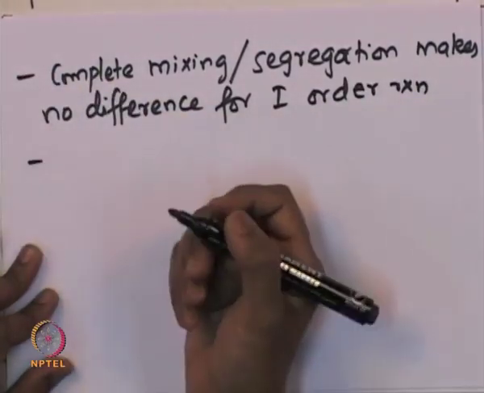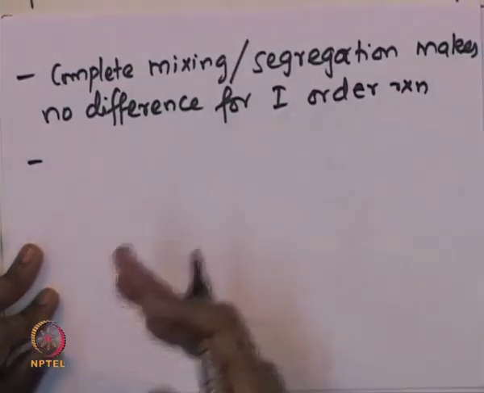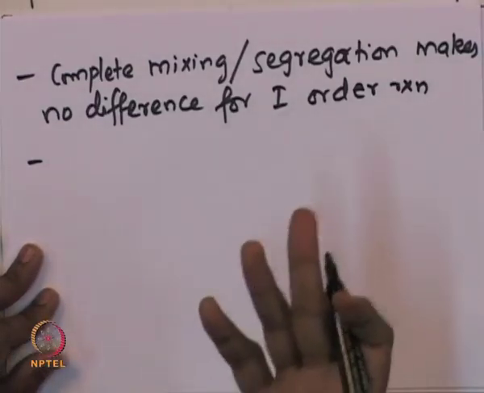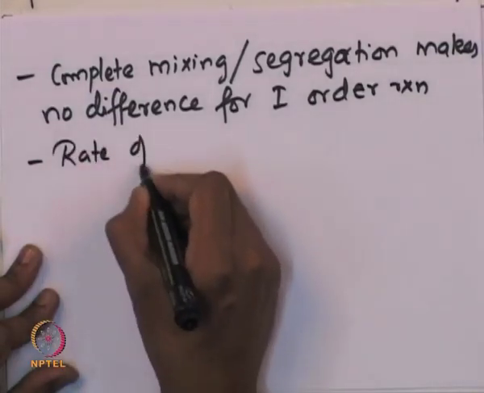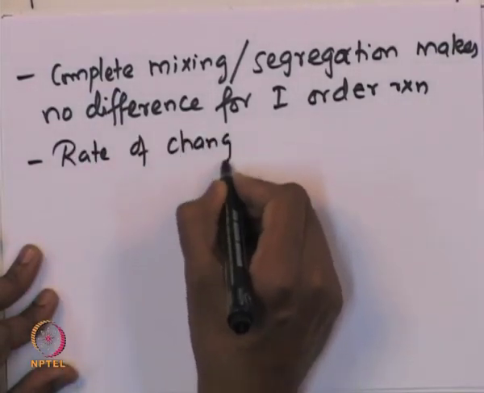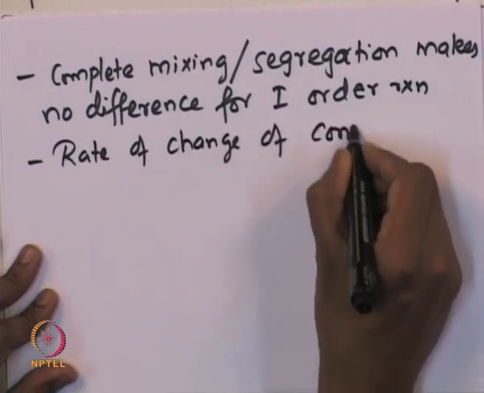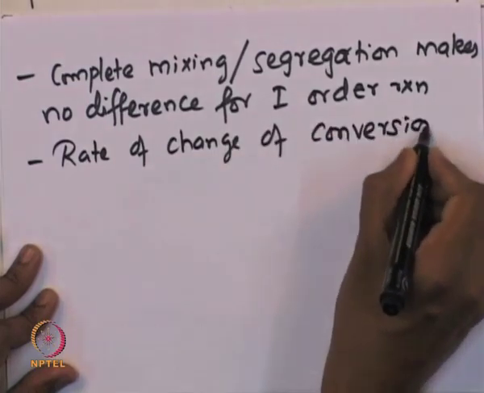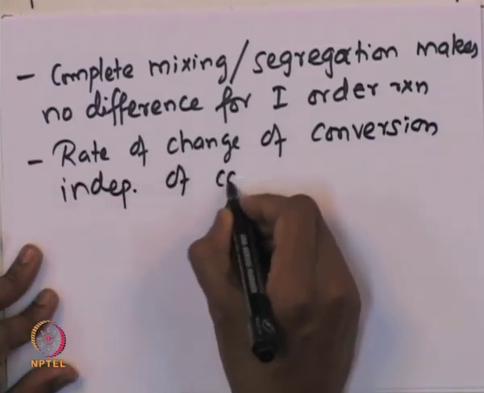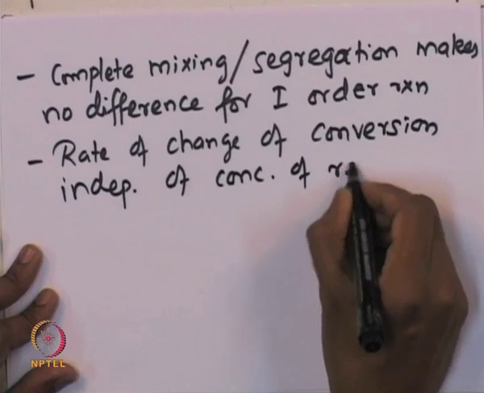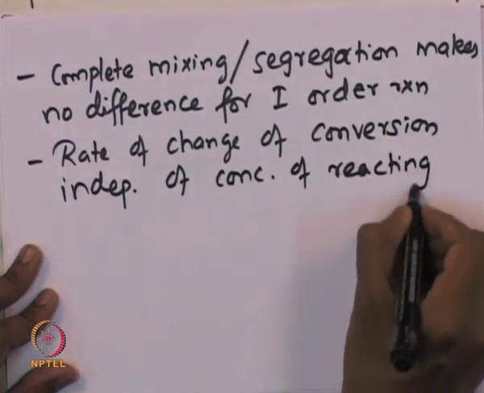This is because the rate of change of conversion actually does not depend upon the concentration of the reacting molecule. So, the rate of change of conversion is independent of the concentration of the reacting molecule.